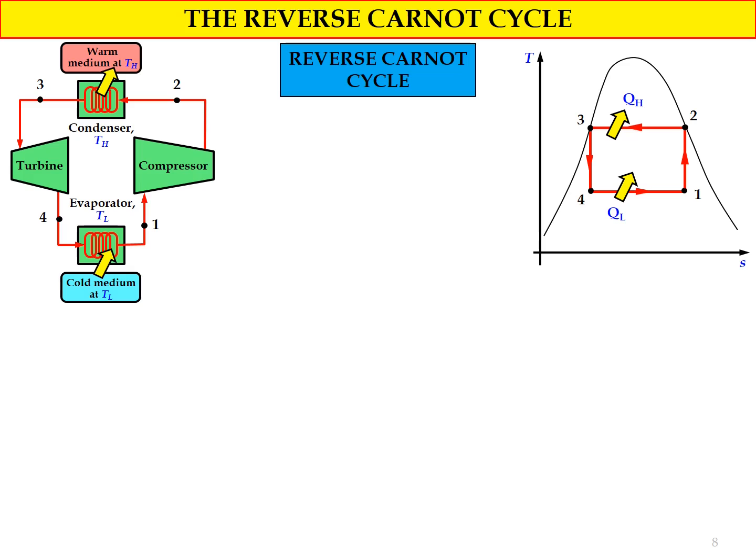So this process goes from state number 2 to state number 3. For the process from state number 3 to state number 4, it is the isentropic expansion process in the turbine, where S3 equals S4.